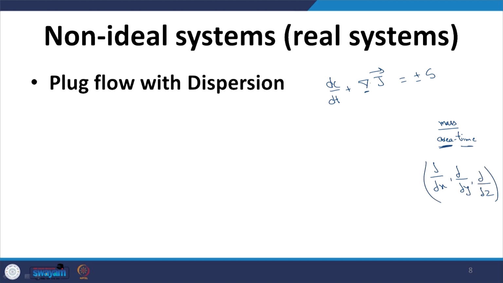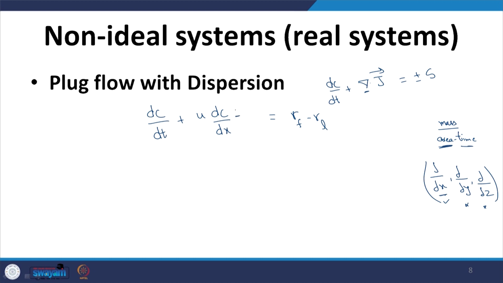So, when we applied it to our ideal case systems, assuming advection only in one direction and assuming that there was no diffusion, we ended up with an equation like dC by dt plus, assuming that velocity is the same in an incompressible liquid, u, and concentration is changing only in one direction, or the river or the canal is flowing in only one direction. So, concentration does not change with y and z, but only changes with x, and assuming that there is no flux due to dispersion or such, it is equal to plus or minus sources or sinks, meaning rate of formation minus rate of loss.